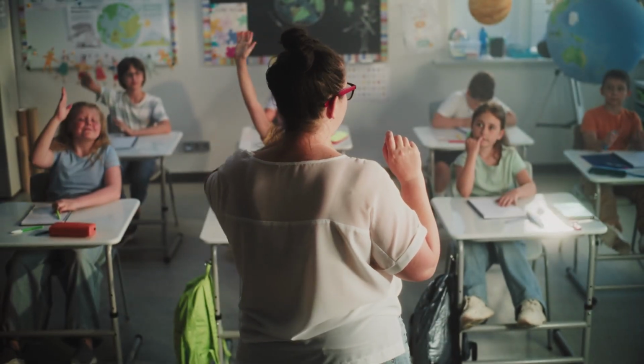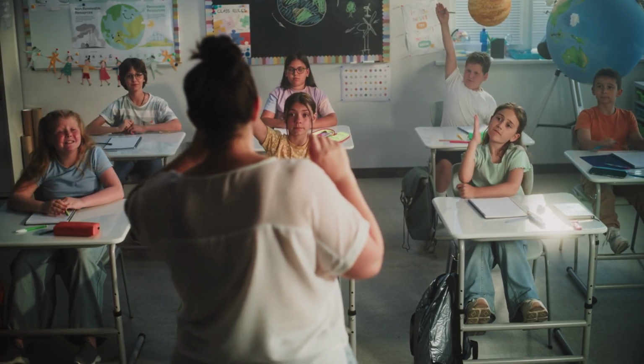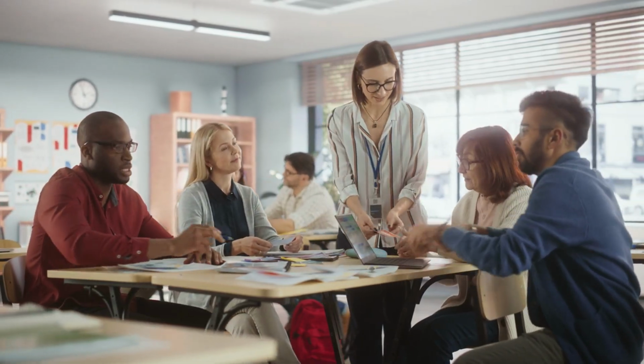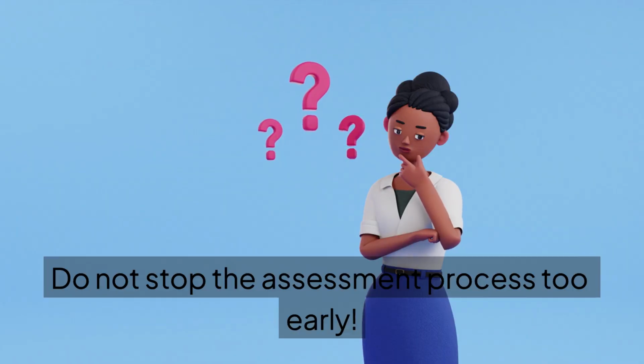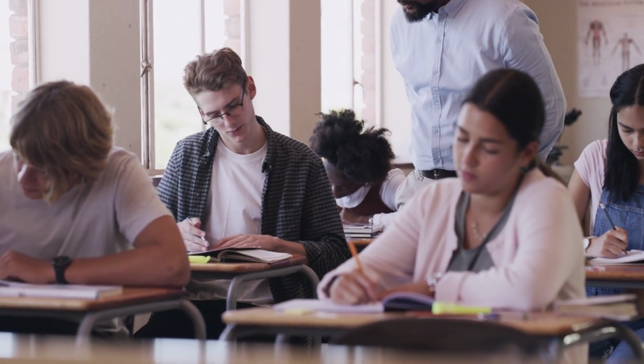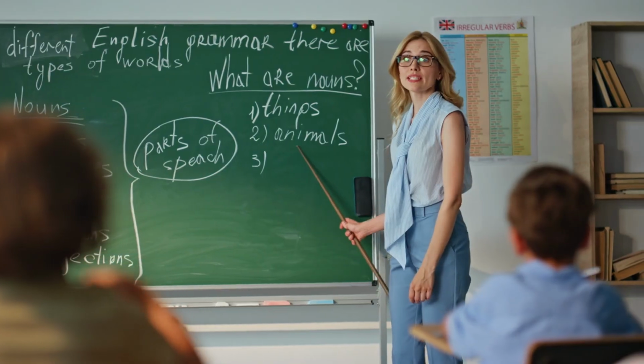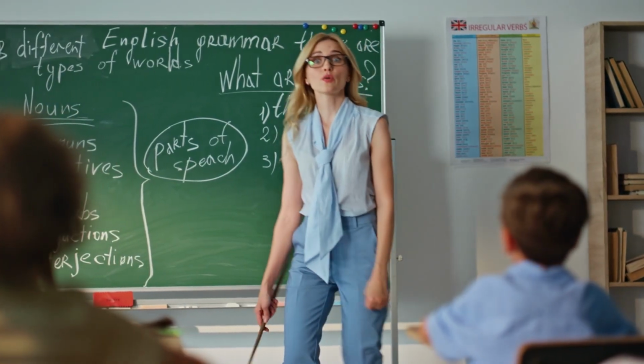Intervention without diagnosis is simply educated guessing. Mistake number 3. Stopping the assessment process too early. Many teachers stop after discovering that a student is struggling. Exceptional teachers continue asking, what is the lowest unmastered skill?